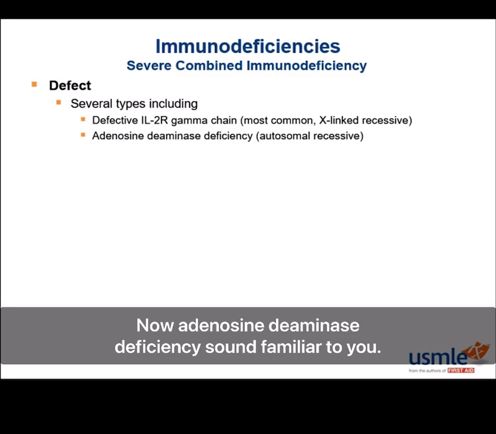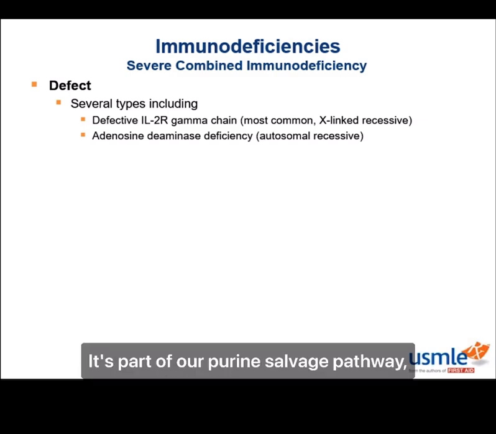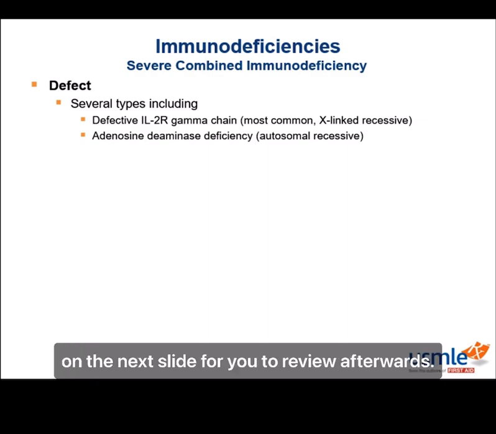Now, adenosine deaminase deficiency should sound familiar to you. It's part of our purine salvage pathway, and I've included an image of that on the next slide for you to review afterwards.